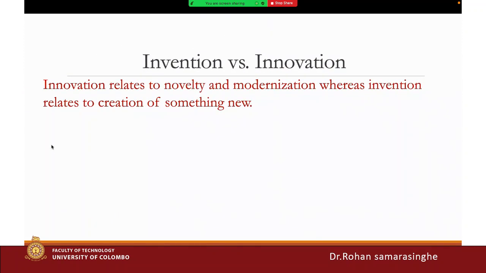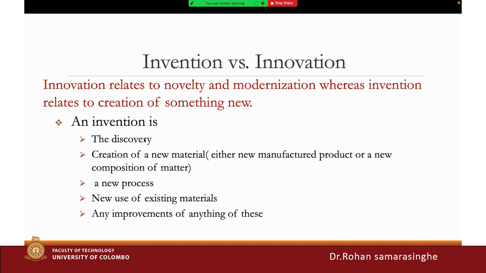So innovation relates to novelty and modernization, and invention relates to the creation of something new. The something new can be given commercial value by converting it to innovation.